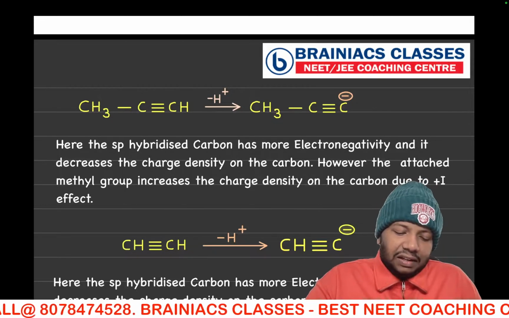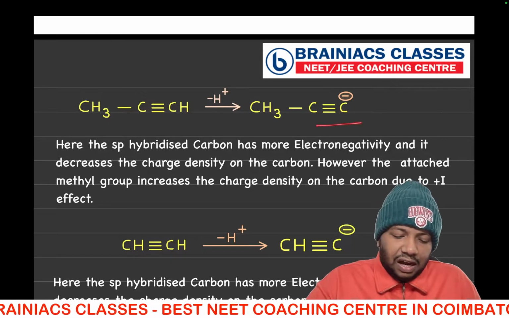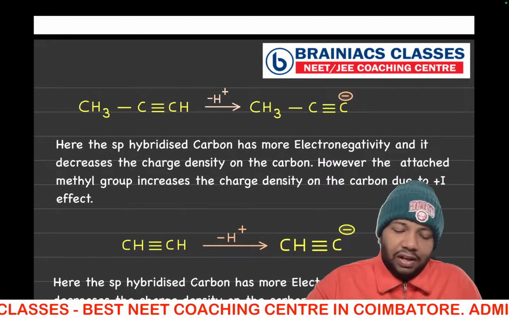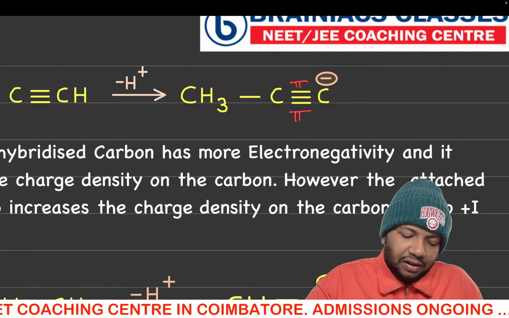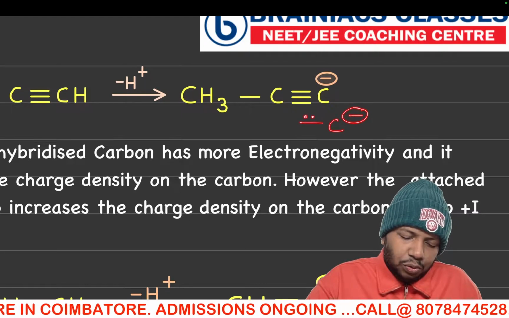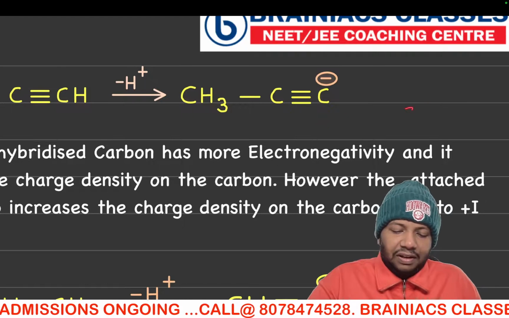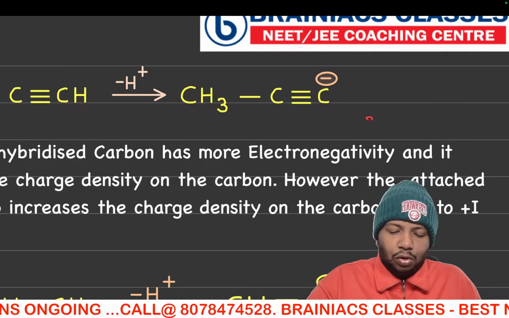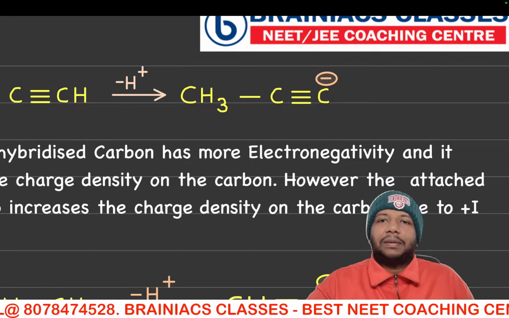Here the carbon has sp hybridization. Why? I have told you that also. You don't need to take the pi bond into consideration. There is one sigma bond and there is a negative charge, so totally 4 electron pairs are present. Here 2 electron pairs are for s and 2 electron pairs for p, so that is sp hybridization.